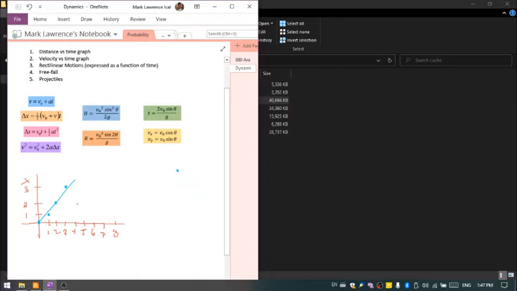It means that, for example, this is you, and you are currently walking in this direction. At time 0, you are at 0, and after 1 second you move 1 meter.